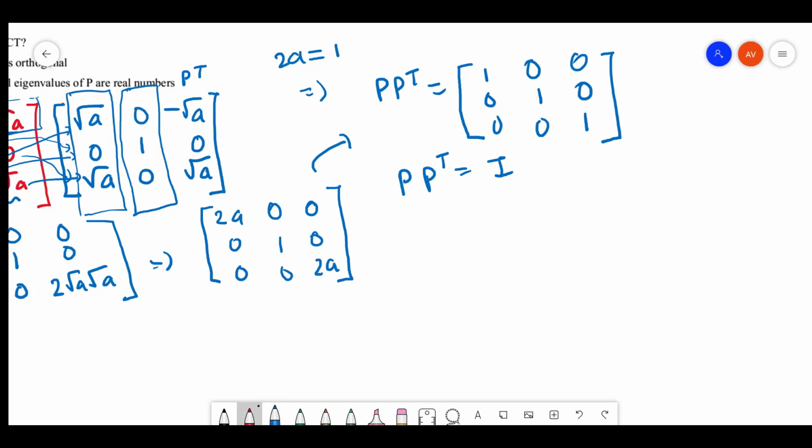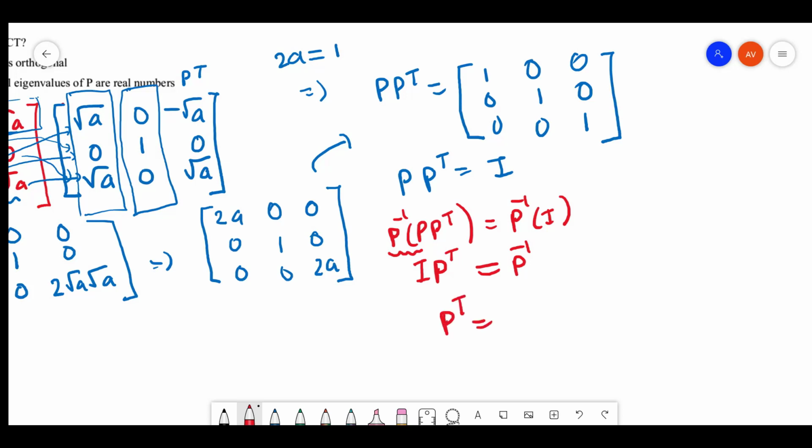Now multiply both sides by P inverse. This turns into I into P transpose equal to P inverse into I, which is again P inverse. Therefore P transpose is equal to P inverse.